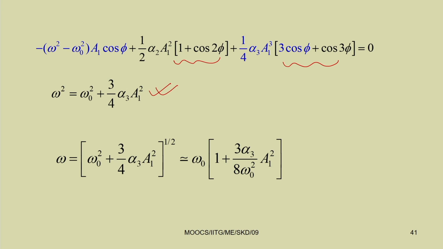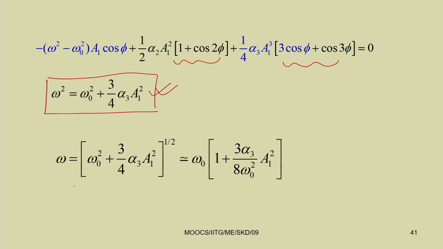This expression becomes omega square equal to omega 0 square plus 3 by 4 alpha 3 a 1 square. You just see that this expression what you have obtained is not the same as that what you have got in case of this Lindstedt-Poincare method.